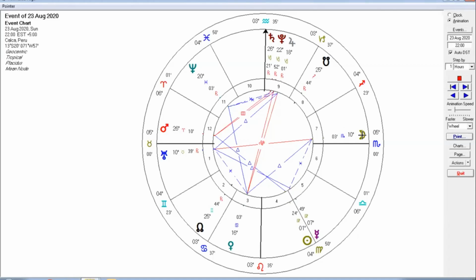The movement through the signs you see over the longer period, over days and weeks and months, depending on which planet, and that will always be happening anti-clockwise. Whereas every 24 hours, all planets move clockwise through the entire 360 degrees, and so each of the houses of the chart.